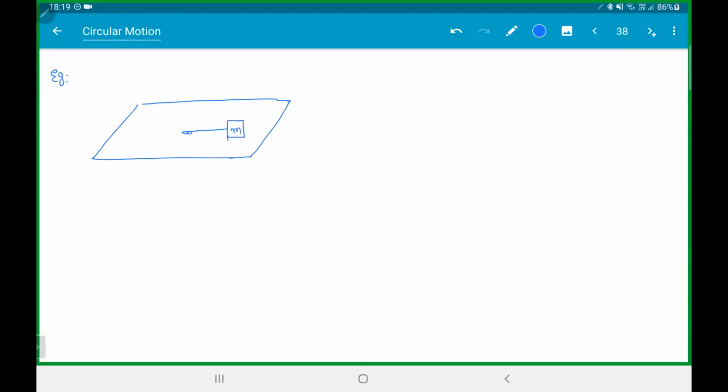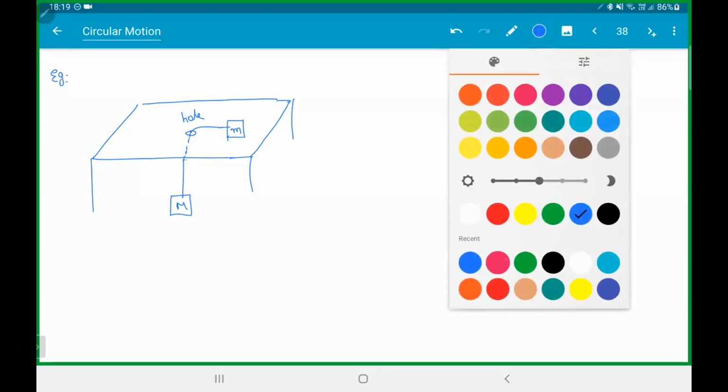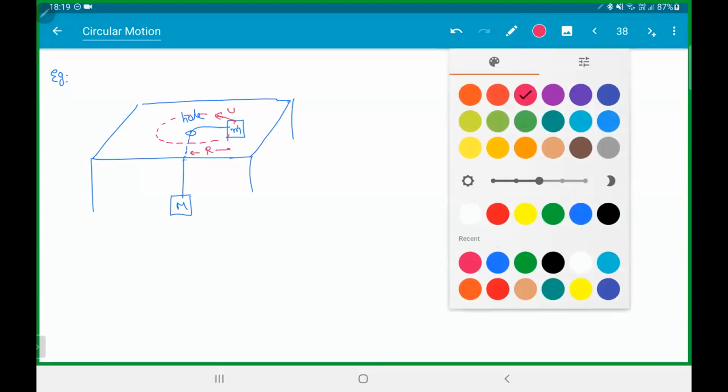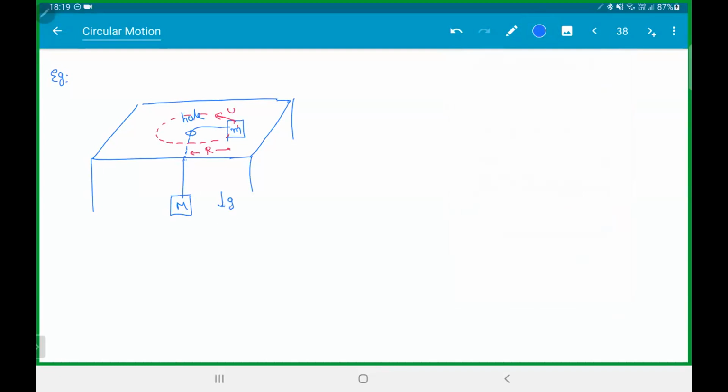We have a block of mass m, and we have mass M hanging like this. So there is a block here going in a circle with a certain speed u and radius r. And on the other side, there is a block hanging below the table.